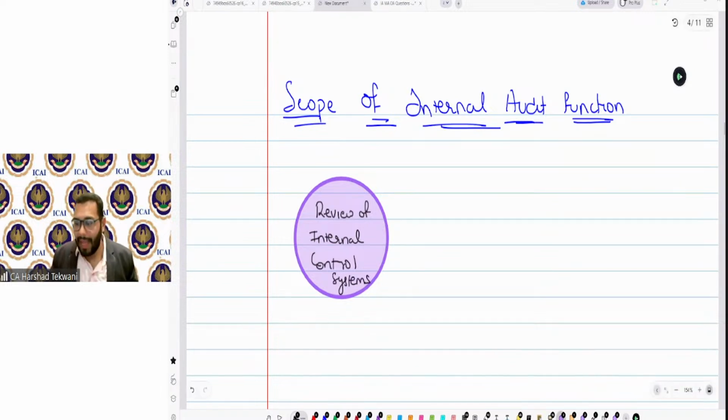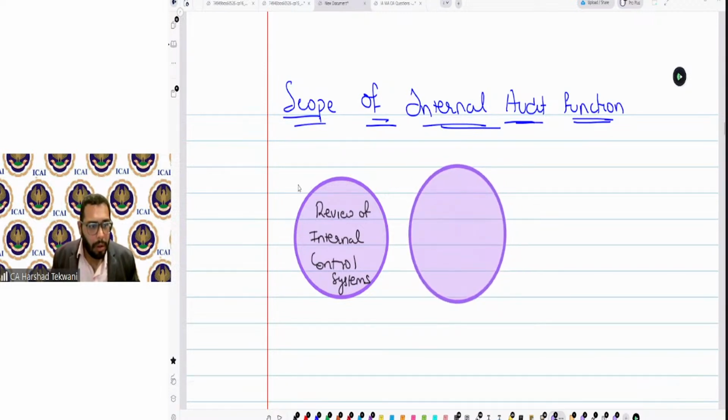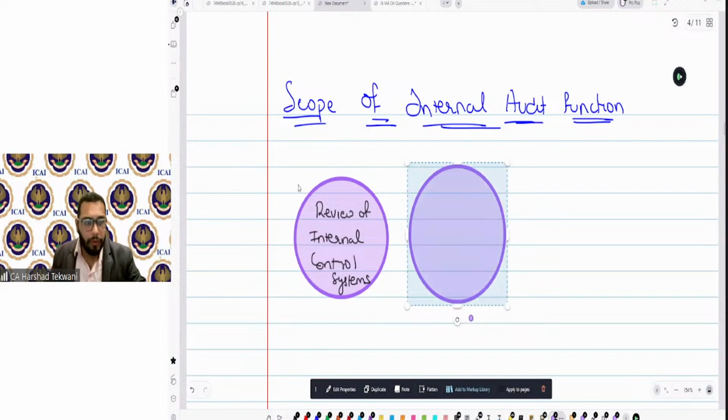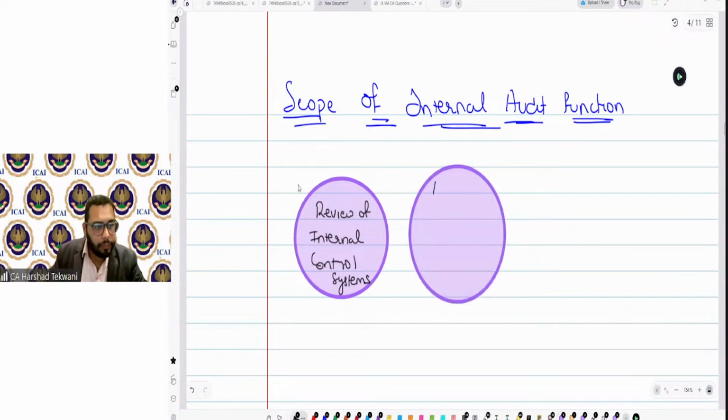I'll explain each in detail, don't worry. Second, review of custodianship and safeguarding of assets.